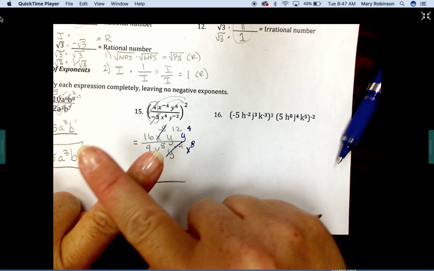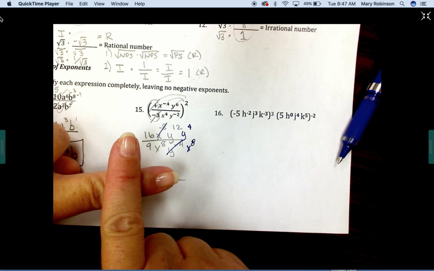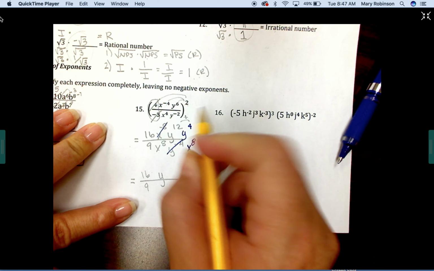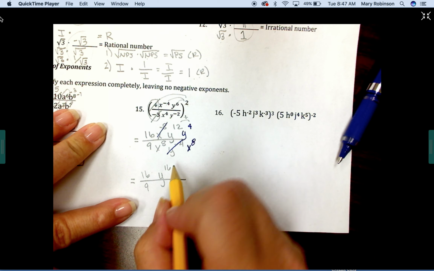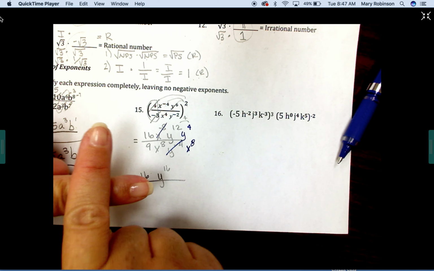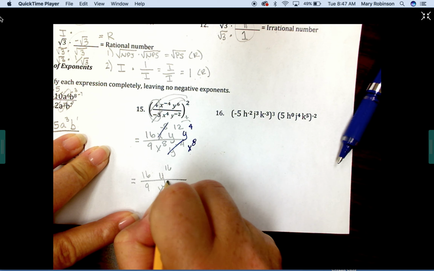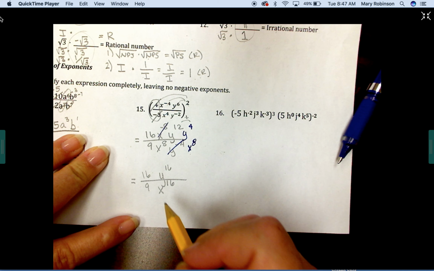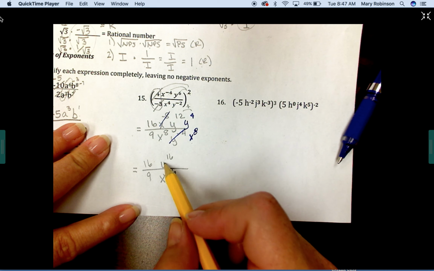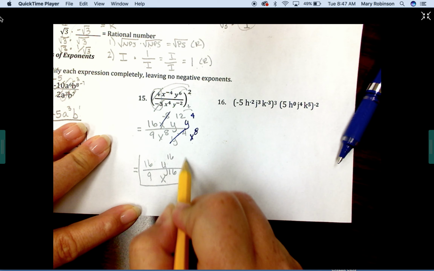When I multiply y's, I add their exponents. So I'll have y to the 12 plus 4 makes 16. And in my denominator, I am multiplying x's, so I will add their exponents. So we will have x to the 16th. Because I've already reduced this number here using my calculator and I have no variables in common in my numerator and denominator, I am through.